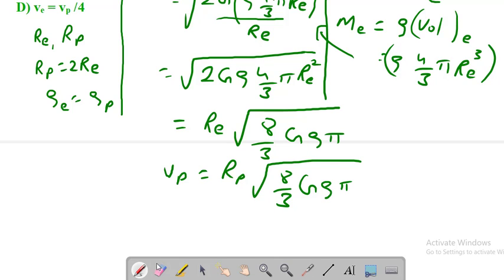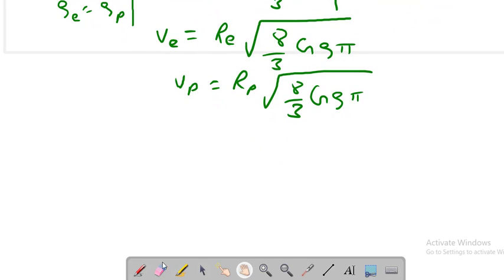Now we just take the ratio of Ve. This is Ve, so we take Ve upon Vp, we divide this. So Ve upon Vp would be equal to Re upon Rp.